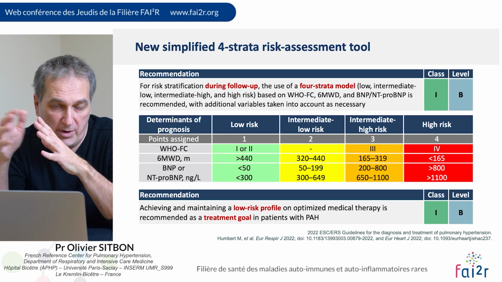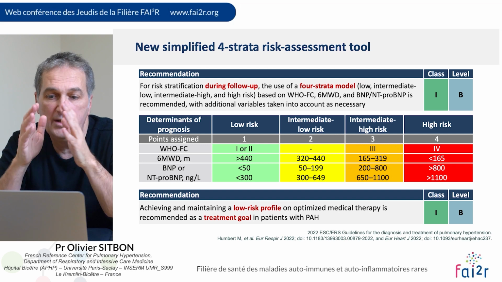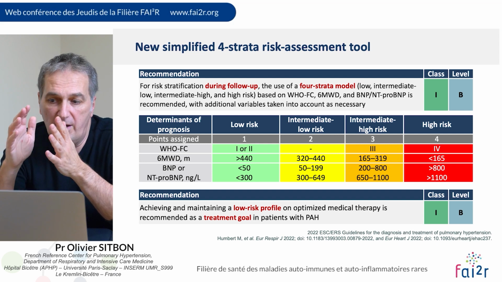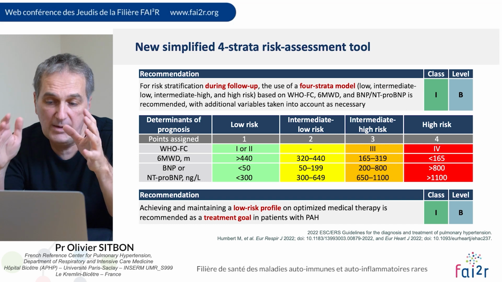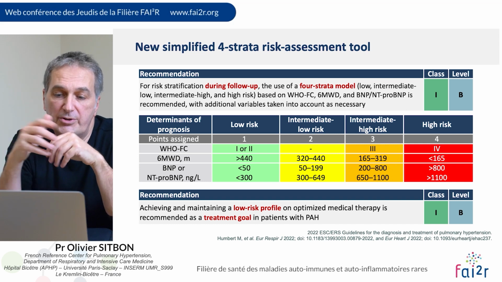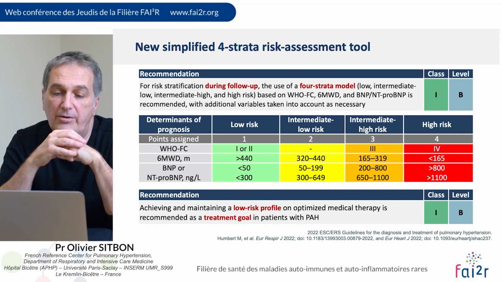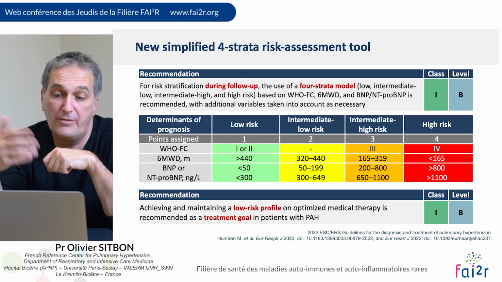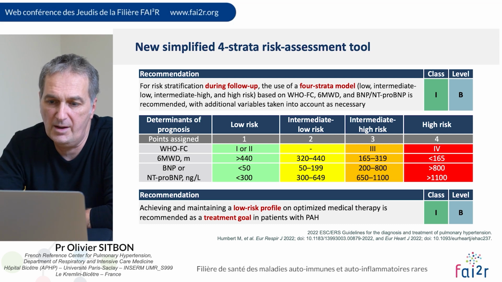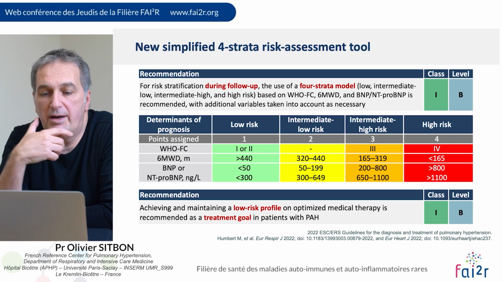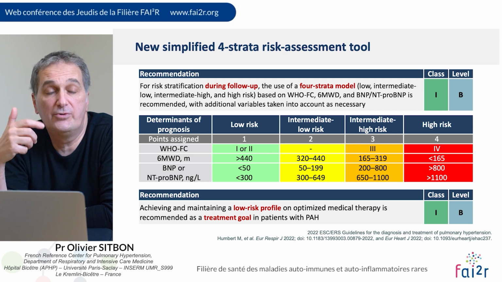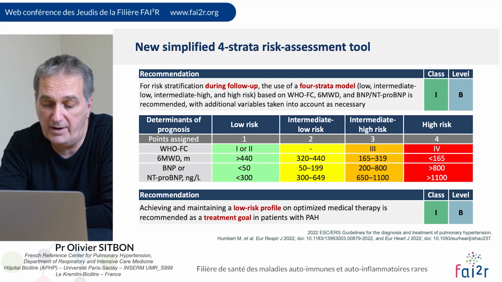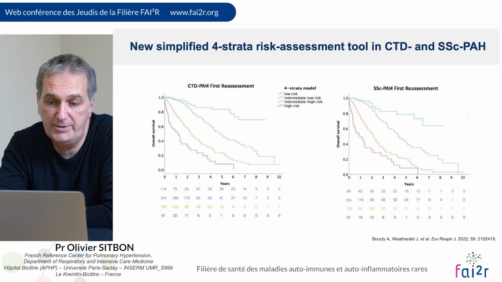And we can categorize the patient as low risk, intermediate low, intermediate high, or high risk, with the same approach for the calculation that we did before initial therapy. And the only treatment goal is to achieve a low risk profile, which is very, very important.